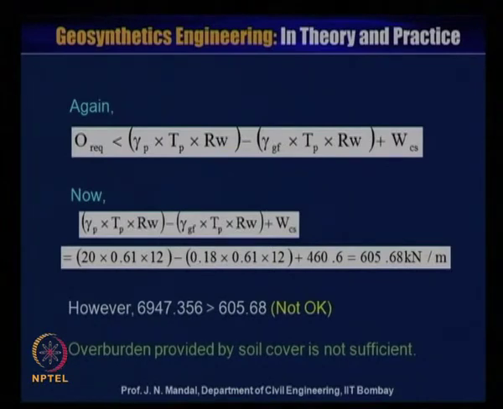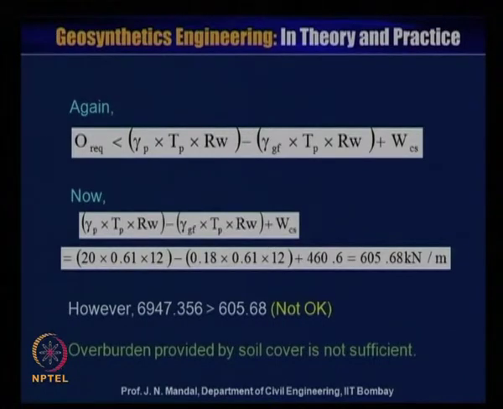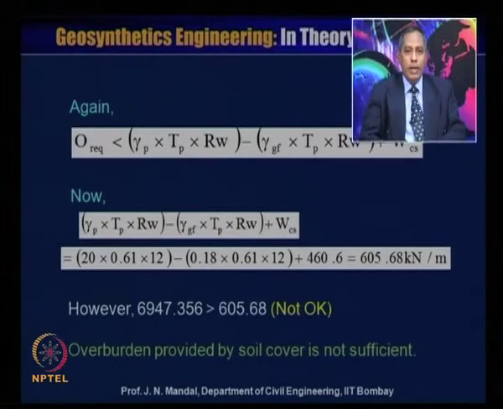So, O required should be less than gamma p into Tp into Rw, minus gamma Gf into Tp into Rw, plus W of Cs, that means the weight of cover soil. In this portion, gamma p is the unit weight of the pavement, that is 20, the thickness of the pavement is 0.61, and Rw, the road width, is about 12 meter, minus gamma Gf for the geofoam, that is 0.18, into Tp, the thickness of the pavement 0.61, into again Rw equal to 12, plus the weight of cover soil we calculated earlier, that is 460.6.